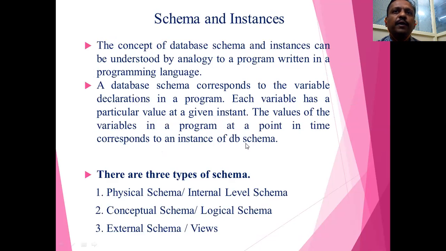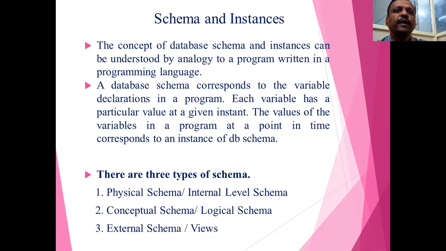The concept of a database schema and instances can be understood by analogy with a program written in a programming language. A database schema corresponds to the variable declaration in the program. Each variable has a particular value at a given instance.